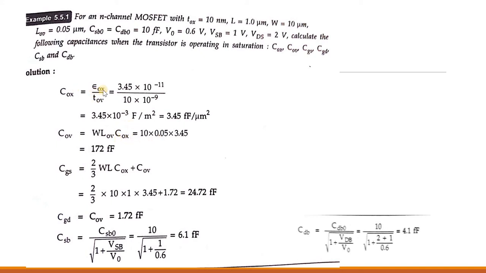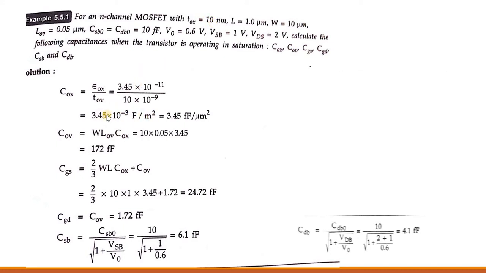COX we need to calculate using the formula epsilon OX divided by TOX, that is thickness of the oxide layer, where epsilon OX is a constant value 3.45 into 10 to the power minus 11, and TOX is the thickness of the oxide layer, which is 10 nanometer.